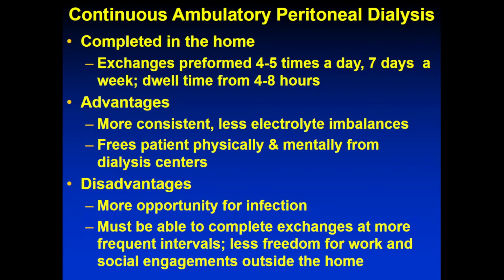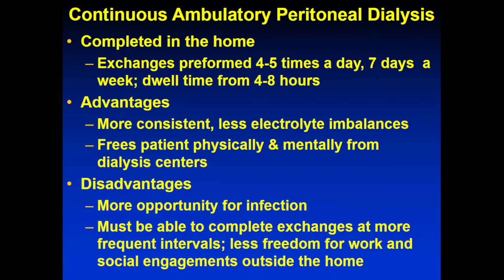Continuous ambulatory peritoneal dialysis may be completed at home without any need to bring the patient into the dialysis center. The exchanges of the dialysis solution should be performed 4 to 5 times a day, 7 days a week. Dwell time is from 4 to 8 hours.